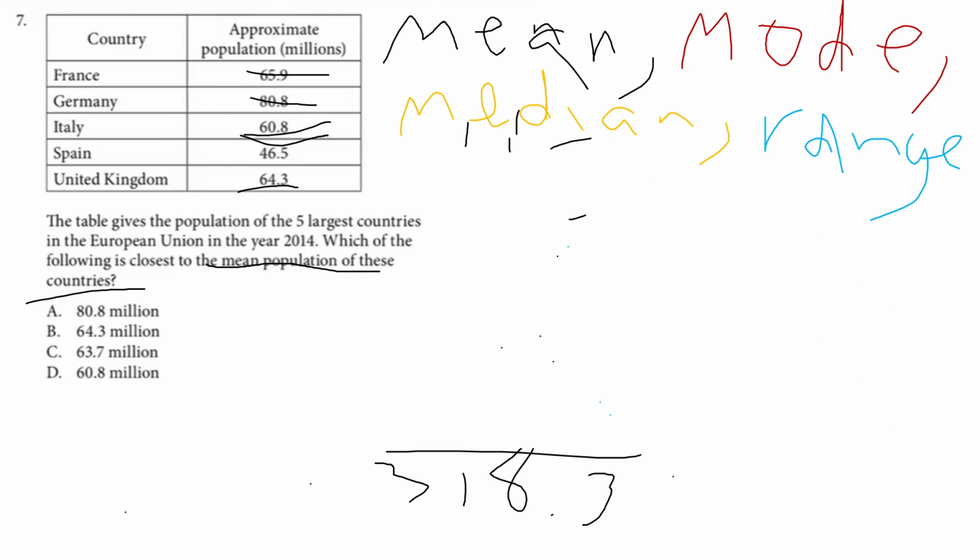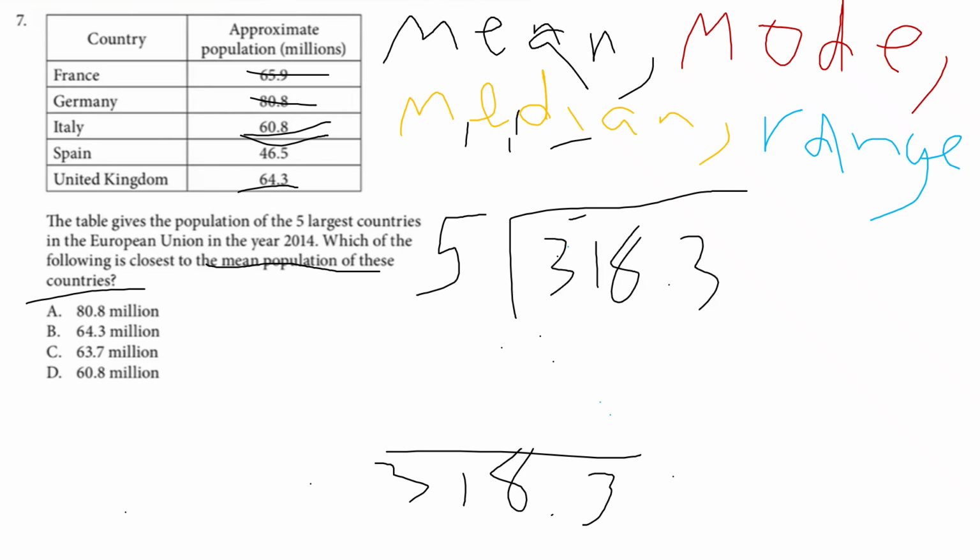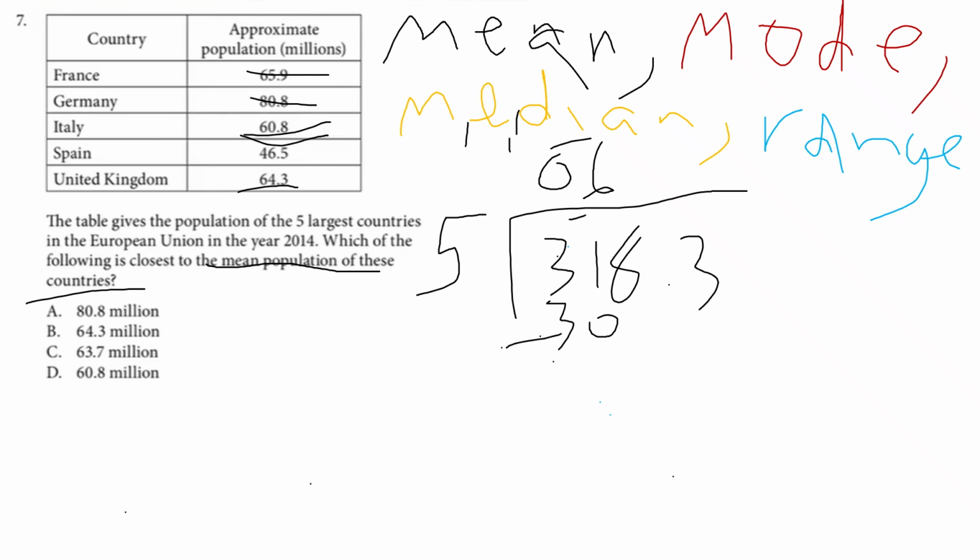All right, so now we're going to divide 318.3 by 5. So do that. 318.3. Let me get rid of this number down here. All right, 5 can't go into 3, so we put a 0 over there. 5 can go into 31 6 times. 6 times 5 is 30.